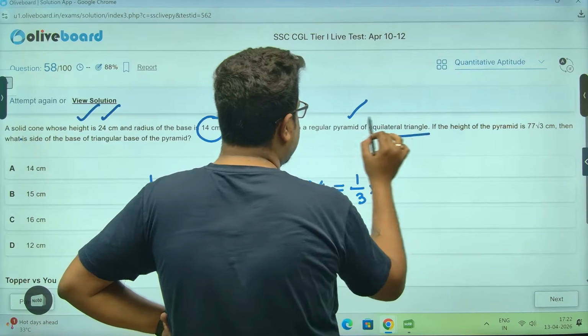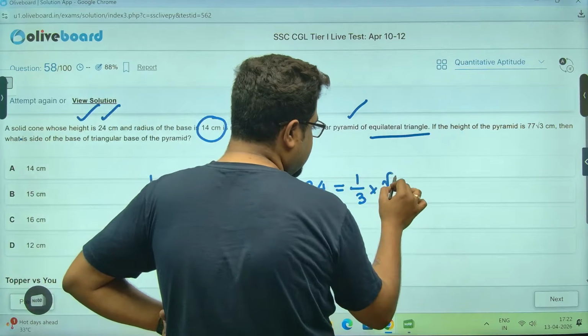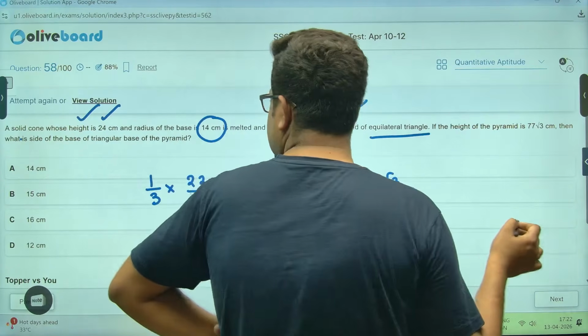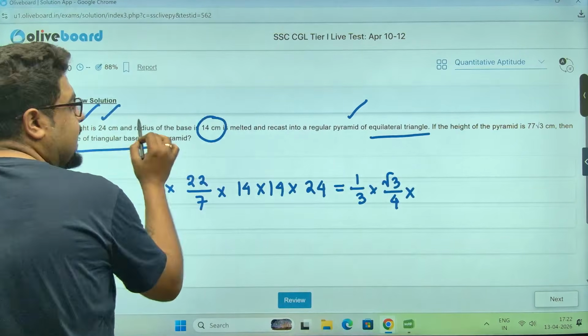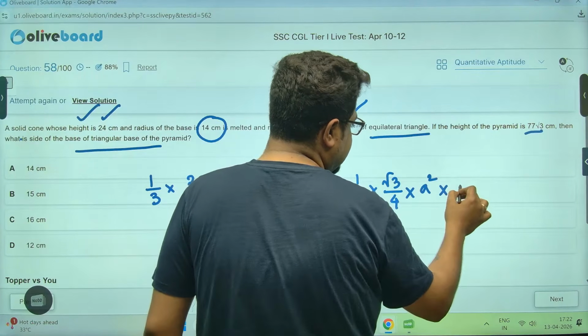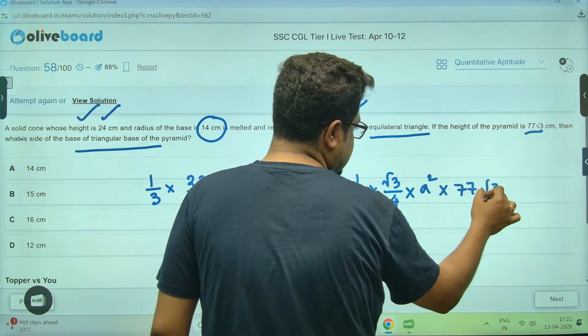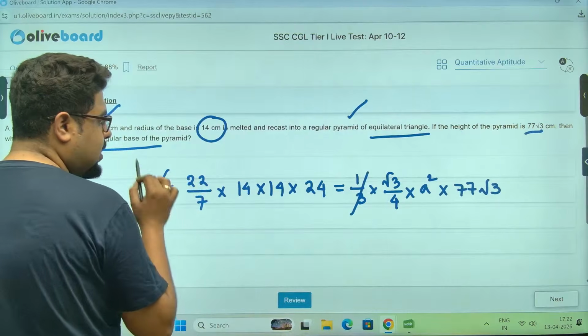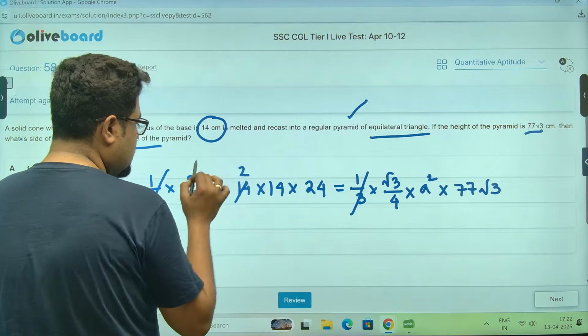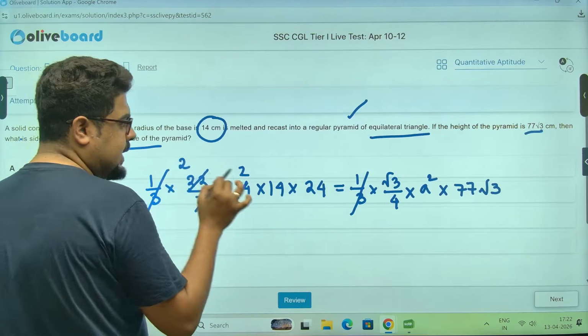Pyramid, equilateral triangle is the base. So √3/4 into what is the base, the side. Acha, they are asking us to find the side. So let's take that a, sir. So a square, height is 77 √3. Perfect, sir. 1/3 and 1/3 gone. So this is 2. 22, this is 2, sir. 11s.